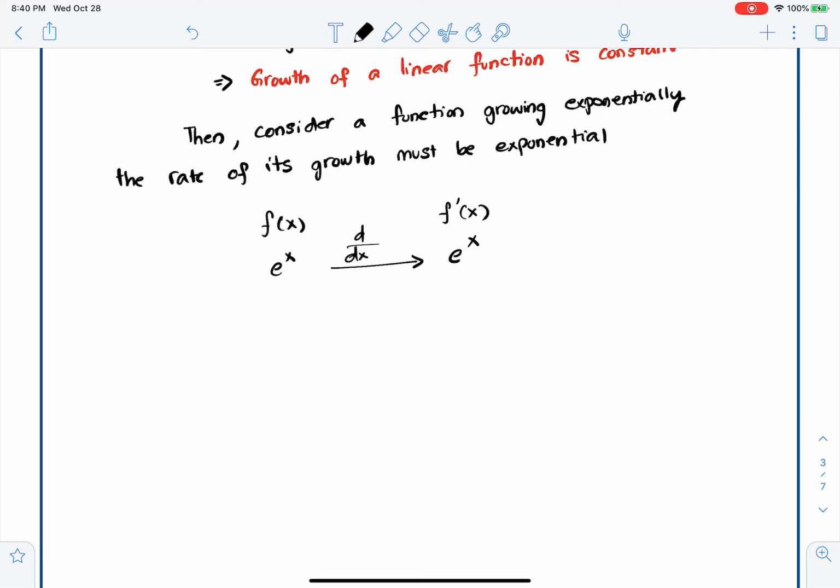If we have a constant multiplied before e raised x, then the derivative would still be the constant multiplied by e raised x.